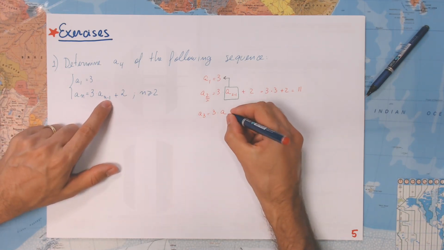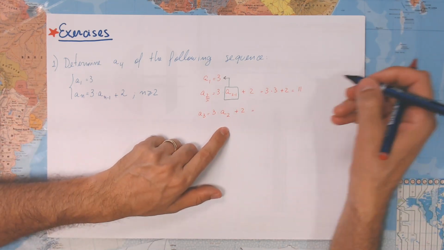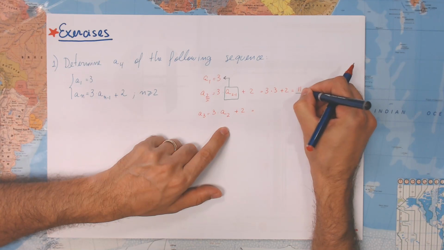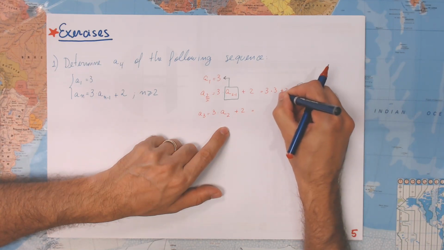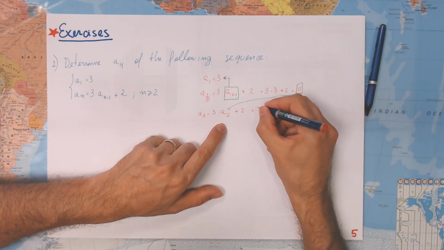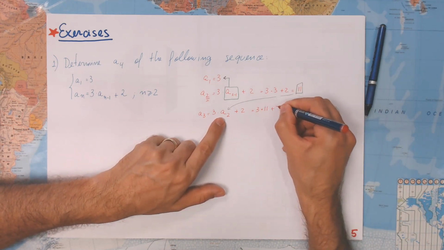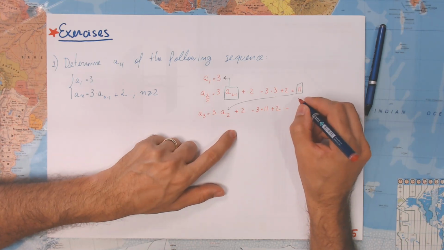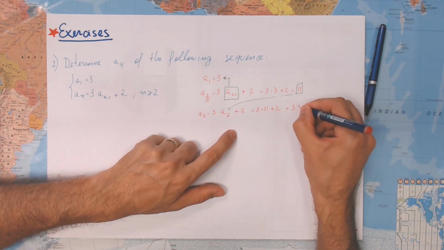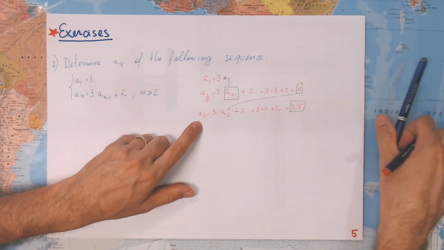So this is a2 plus 2. But we know a2 already. So this is 3 times 11 plus 2. This is 33. 33 plus 2, 35. Well, now we have got our a3.